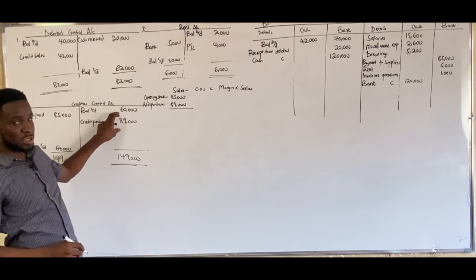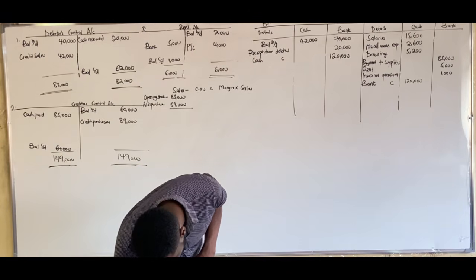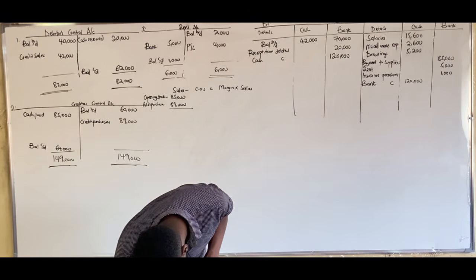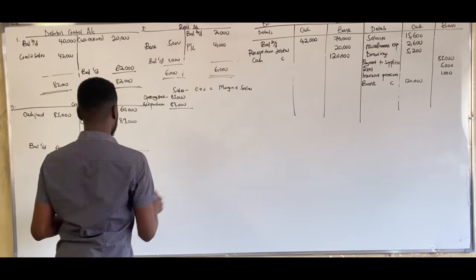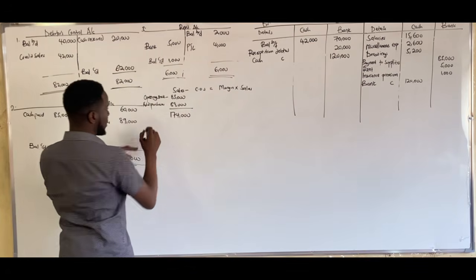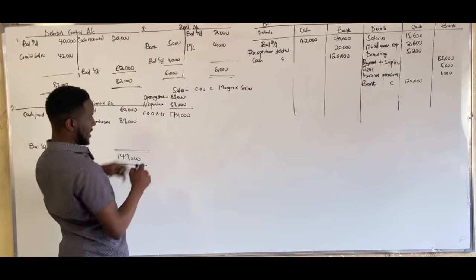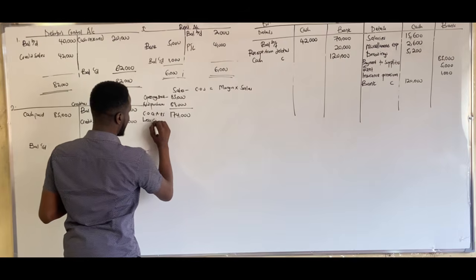Then, when you add the two, we are going to come up with 174,000. So this becomes our cost of goods available for sale. Then we are going to less the closing stock.